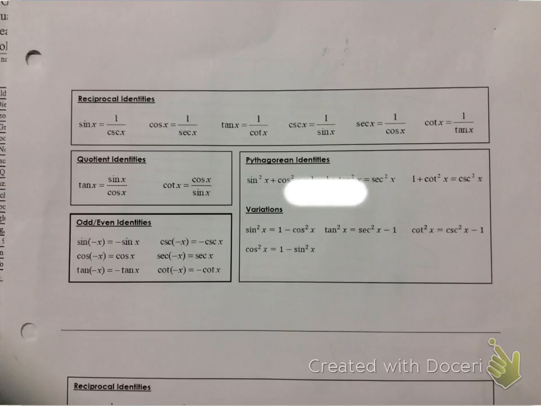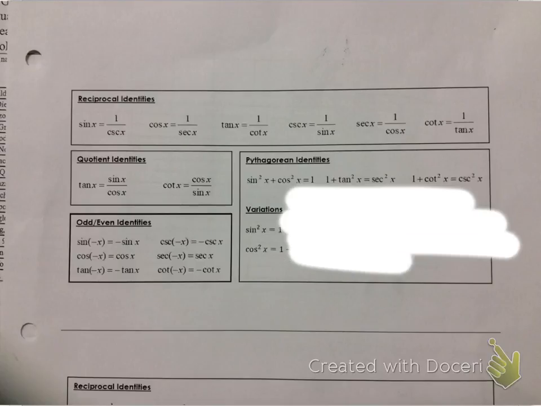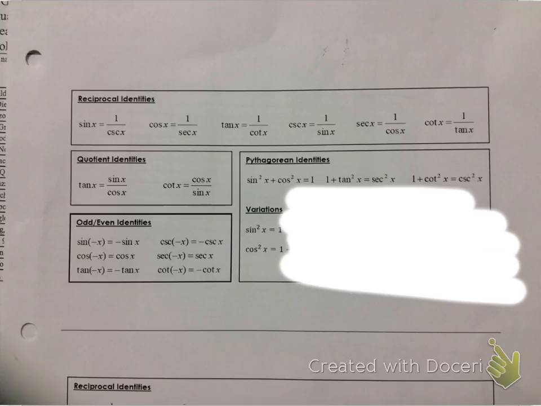Let's give myself a little workspace here. My tangent is positive on this side, so I want to get the secant over here. I'd subtract secant squared from both sides, which gives 1 plus tangent squared minus secant squared equals 0.